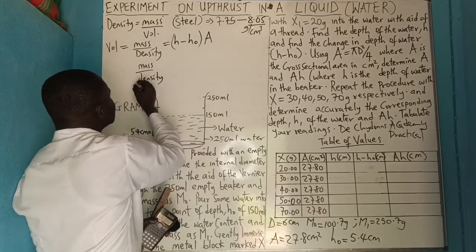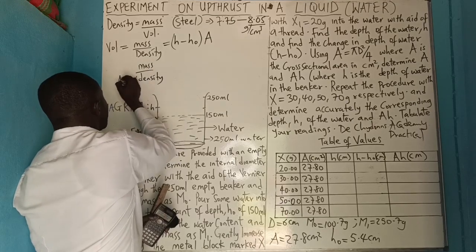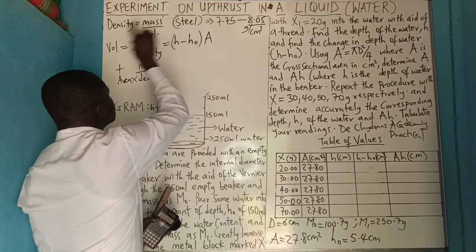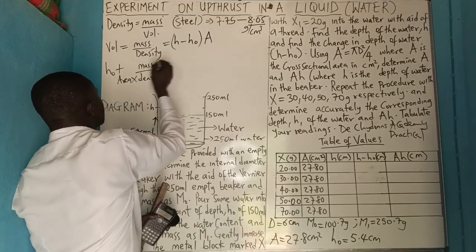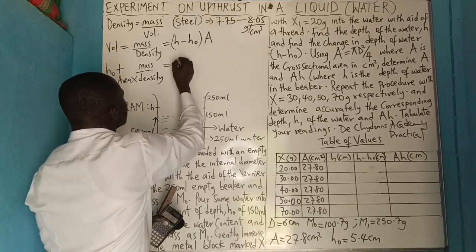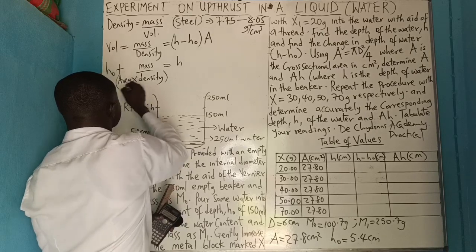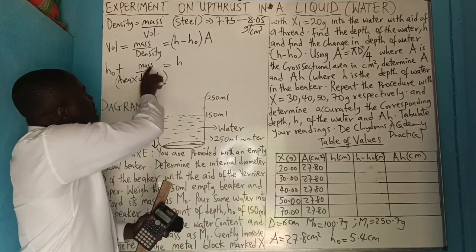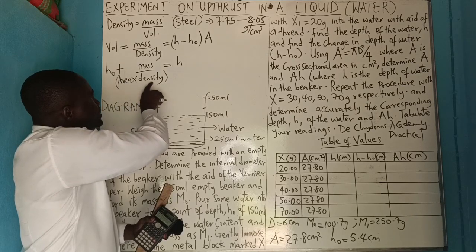And so bringing this down, we'll be having mass over density equals area times (H minus H0). Moving H0 this side, H is equal to H0 plus mass over (area times density).